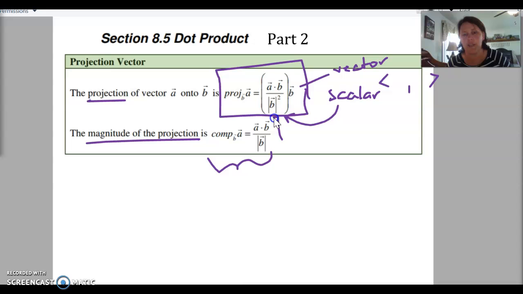All I really want you to know is this part right here, and you'll notice in the notes that I've done so far, I usually just call that the magnitude of vector U, where U is the projection. So it's the dot product divided by the magnitude of vector B.